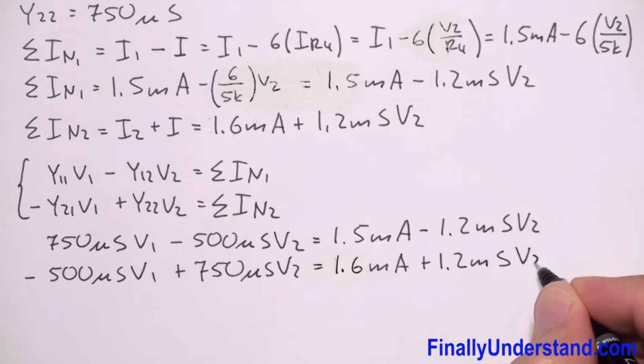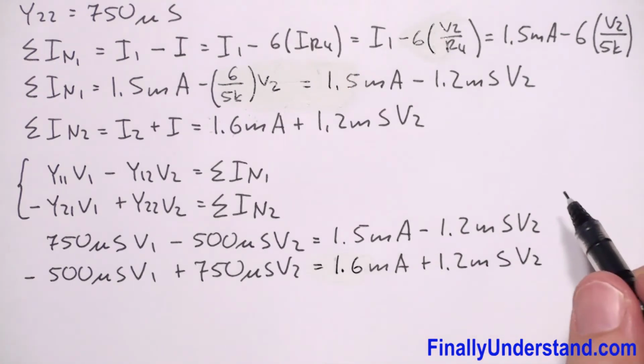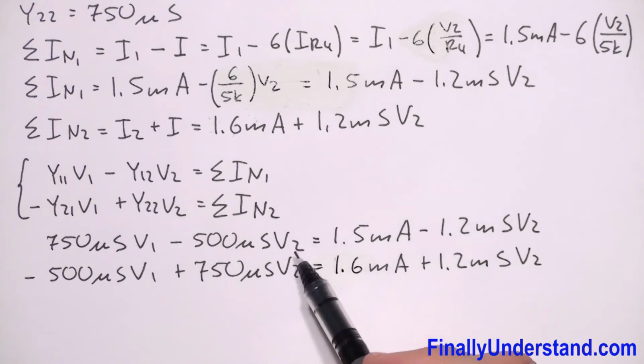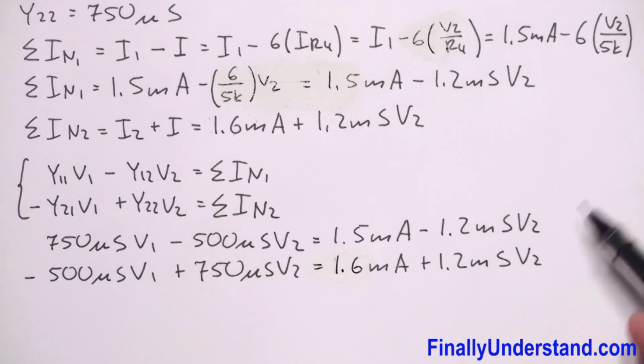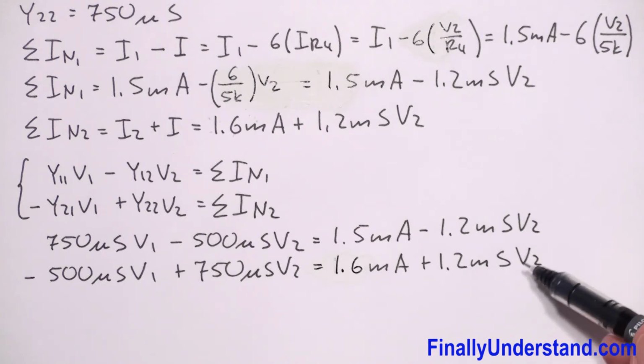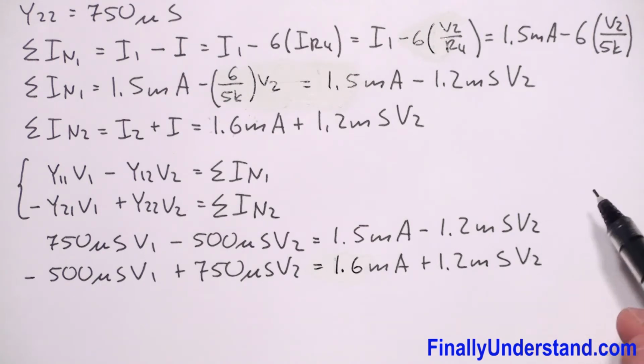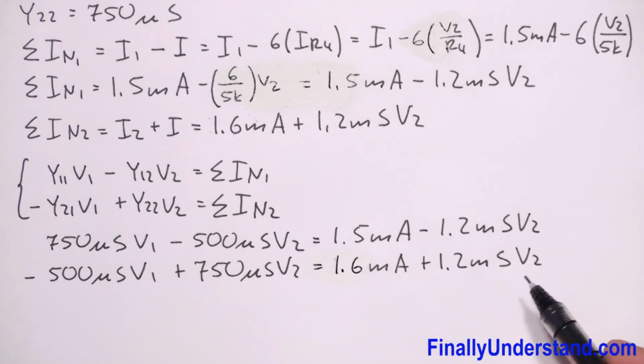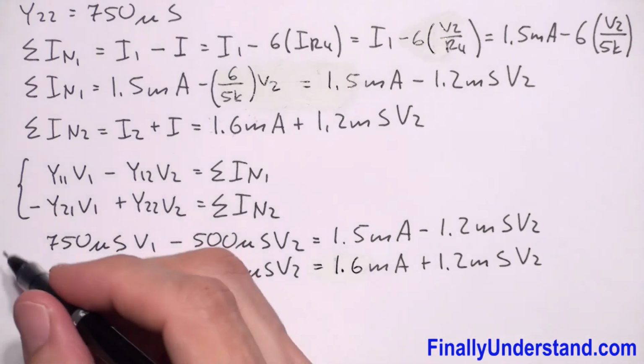millisiemens V2. Please notice that we have V2 at the left side of each equation, and we have also V2 at the right side of the equal sign of each equation. So what we are going to do is combine the like terms.